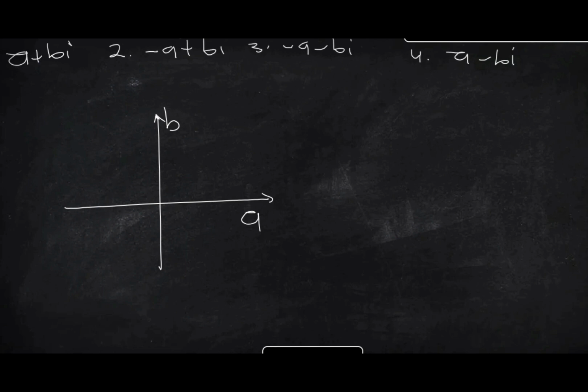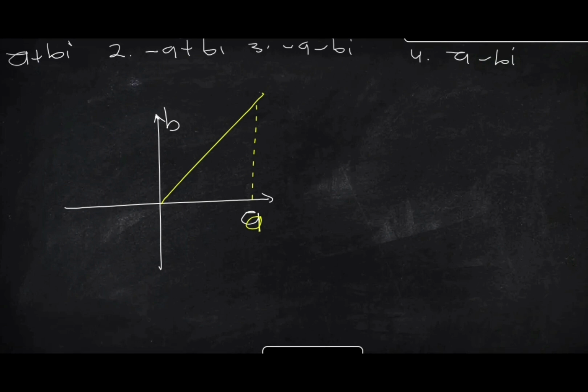Taking the first example, the x-axis, that is the real part, is positive, and the imaginary part too is positive. So that means it lies in the first quadrant.